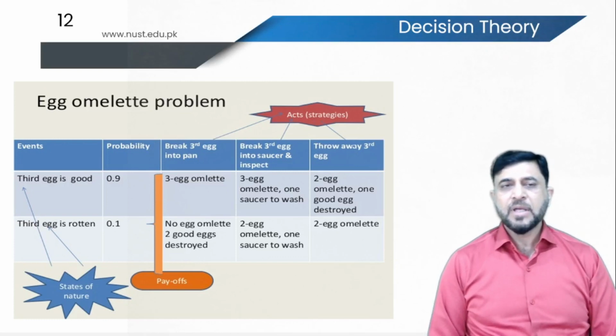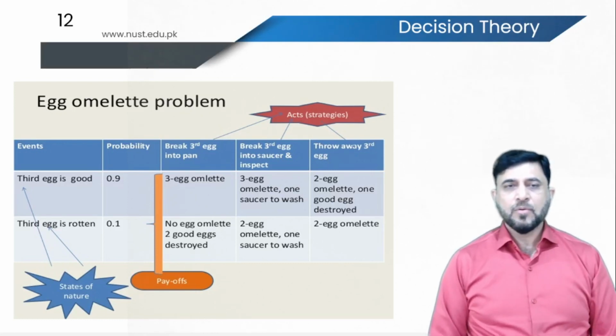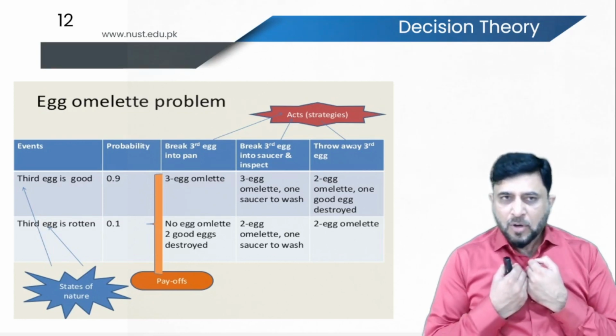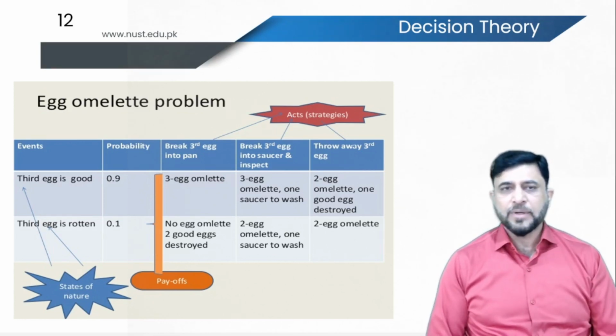Okay, coming to the next possibility when the third egg is rotten. Then, if you drop it into the same pan, oh no, all the 3 eggs wasted. No egg omelette. 2 good eggs destroyed. So, this is the risk.